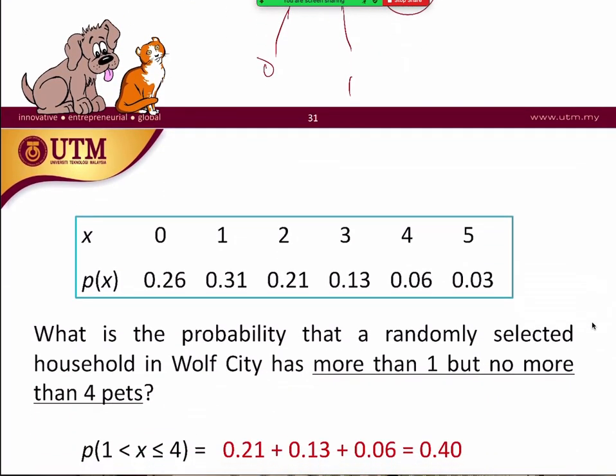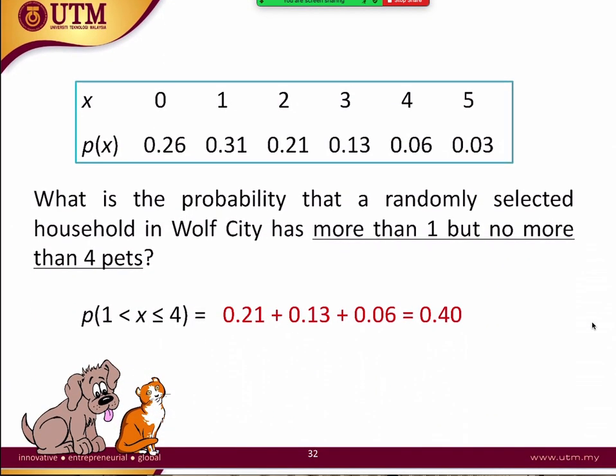All right, so next example. What is the probability that a randomly selected household in Wolf City has more than 1 but no more than 4 pets? Okay, that's the rule. We want to know how many houses have more than one pet. More than one means it should start with 2, but no more than 4.